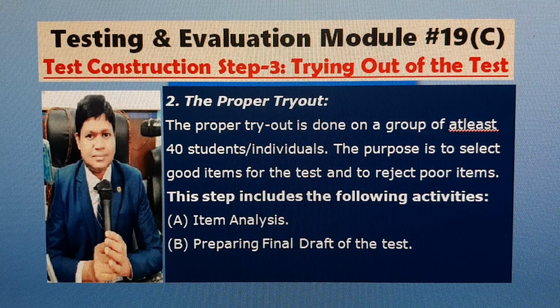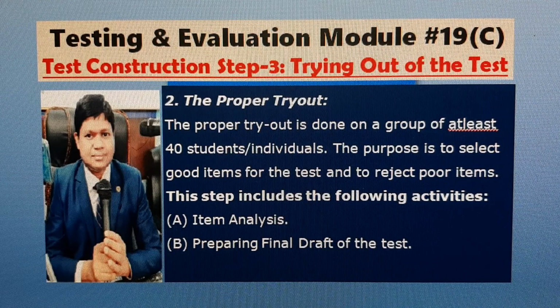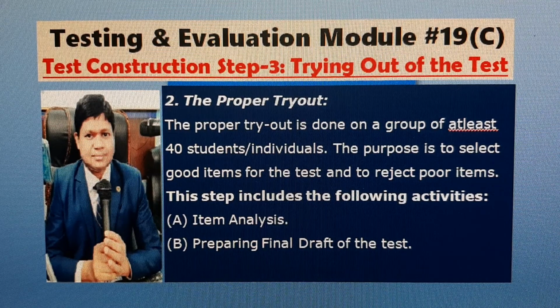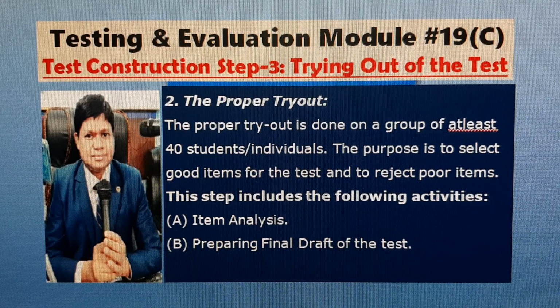Keep aside the other test papers as they are not required in the item analysis. Number 4. Tabulate the number of pupils in the upper and lower group who selected each alternative for each test item. This can be done on the back of the test paper, or a separate test item card may be used as shown in the following table.